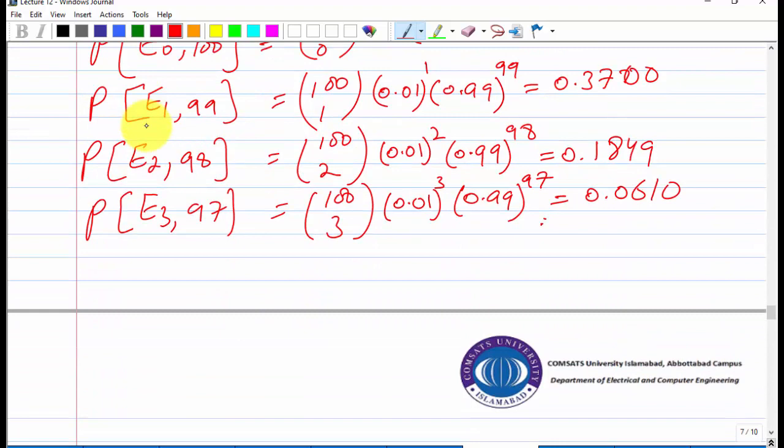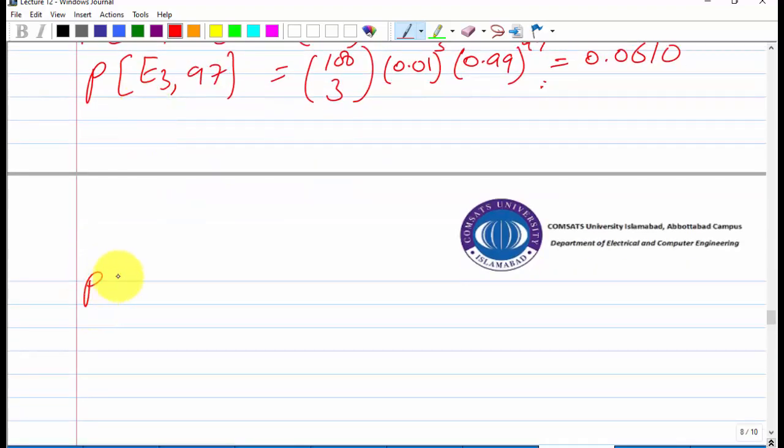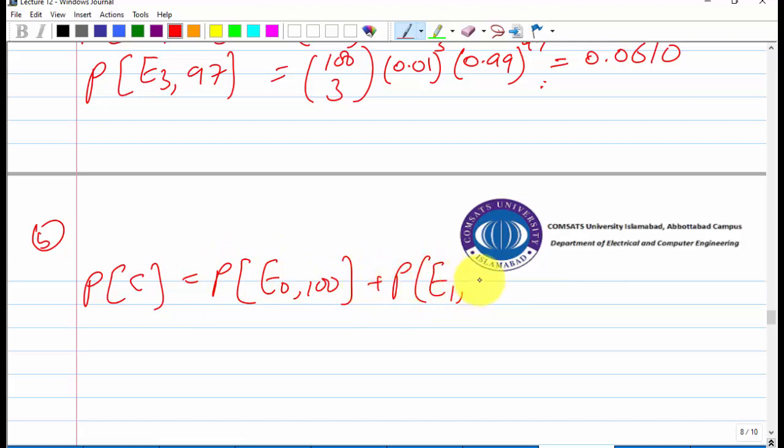So the probability of C is simply the sum of the probabilities that we have calculated above, because it's given in the question that if there is no error it can be corrected, and even if there is one error it can be corrected, and even if there are 2 errors it can be corrected, and even if there are 3 errors it can be corrected.